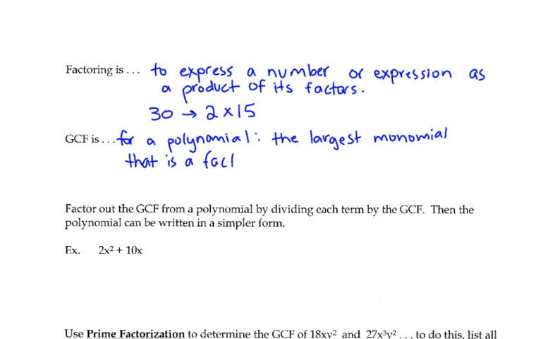So when it's a factor, it means it'll divide into it. Right? Will 30 divide in, or 15 divide into 30? Yes. Will 2 divide into 30? Yes. So when it's a factor, it'll divide into that original expression. So that is a factor of each term.